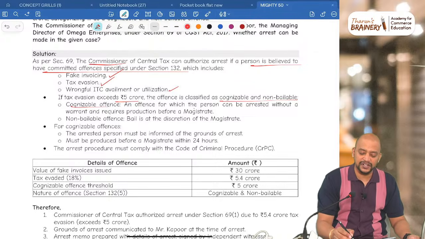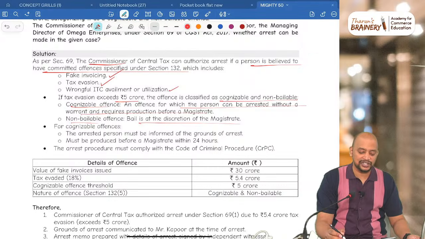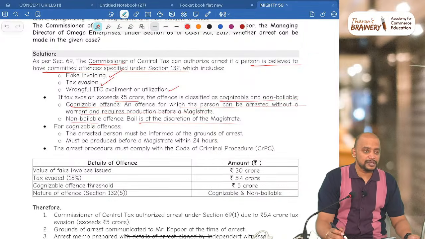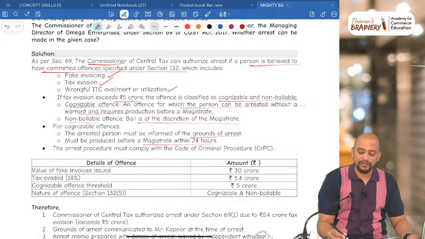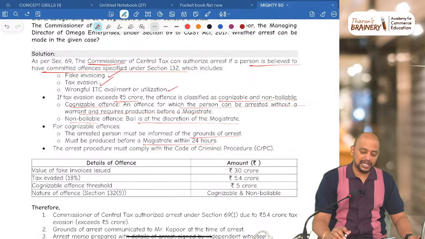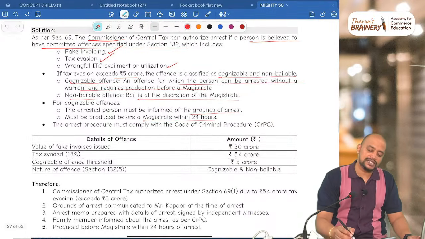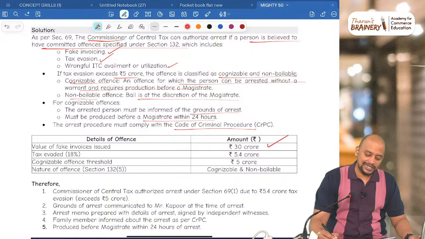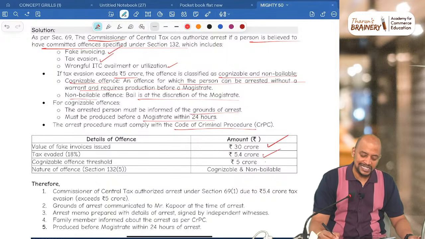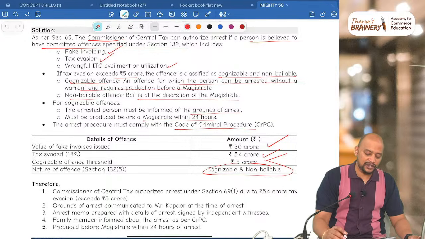Cognizable means an offence for which a person can be arrested without a warrant. Non-bailable means bail is at the discretion of the magistrate. For cognizable offences, the arrested person must be informed of the grounds of arrest and must be produced before the magistrate within 24 hours, and the procedure for arrest is given under the Code of Criminal Procedure. Value of fake invoices is 30, tax is 5.4, which exceeds 5, so it is cognizable and non-bailable.